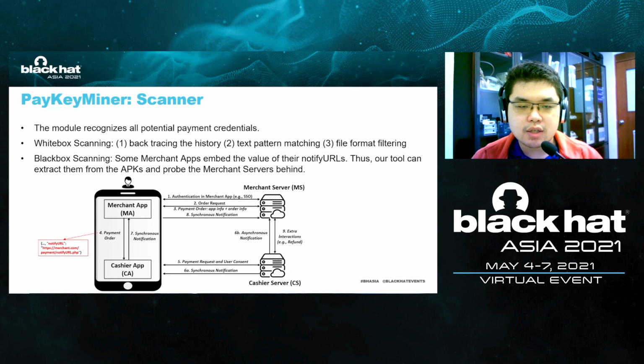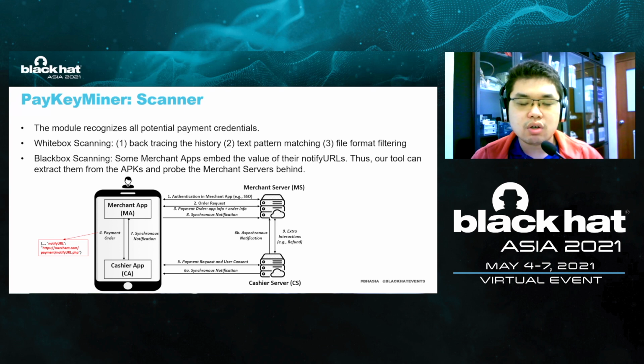To be specific, the tool will trace back the history first because some leaks only occur in old versions. Then our tool can get the potential payment credentials, using either text-based pattern matching for payment keys or file format filtering for other credential files.